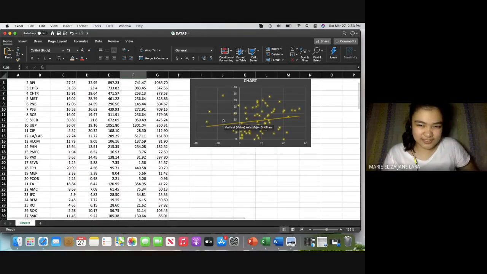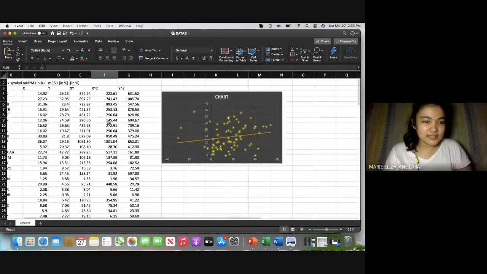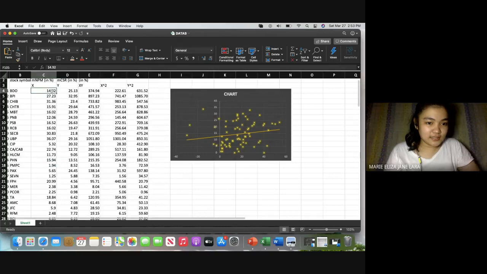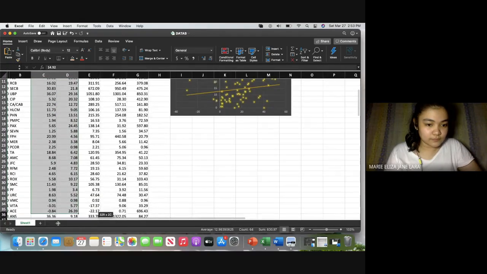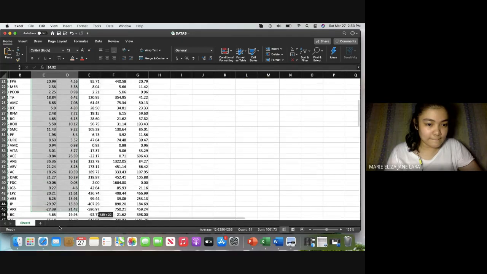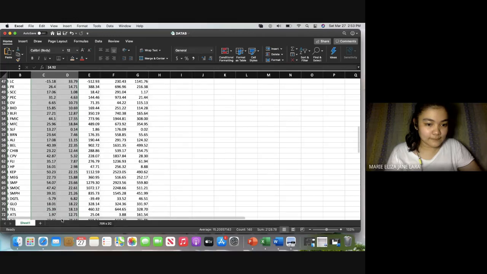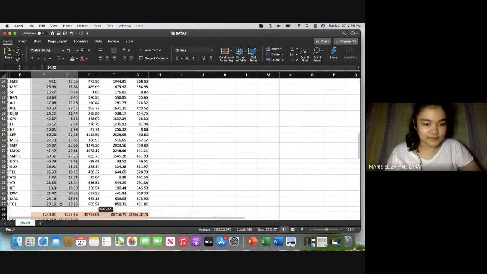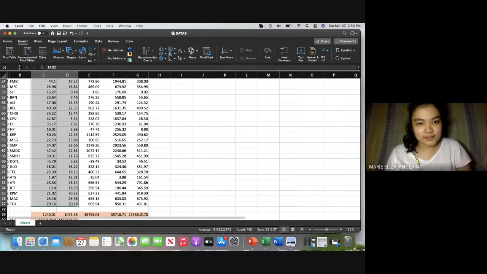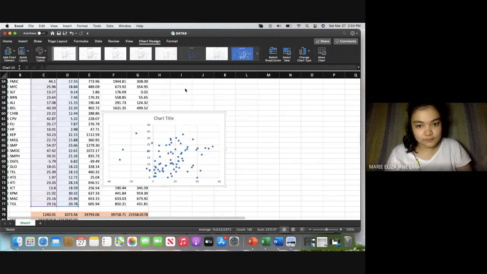Before I forget, this is the chart. What I did is I just highlighted the values of x and y, and then insert the chart.